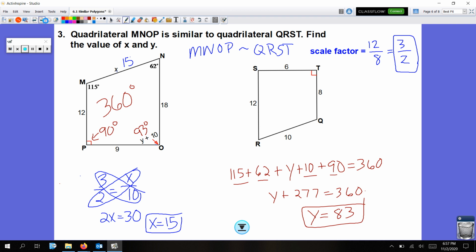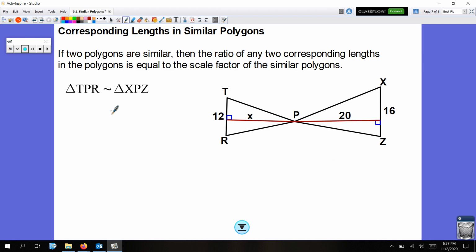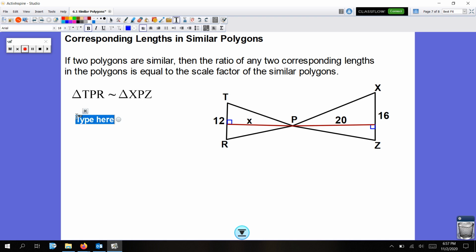Okay, so let's take a look at what else we have. Now we have corresponding lengths in similar polygons. If two polygons are similar, here's our statement: triangle TPR is similar to triangle XPZ. The ratio of corresponding altitudes in the polygon is equal to the scale factor of the similar polygons. Let's first find the scale factor. So we're going to use our corresponding sides.